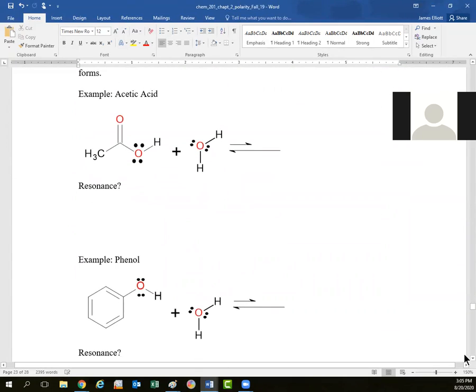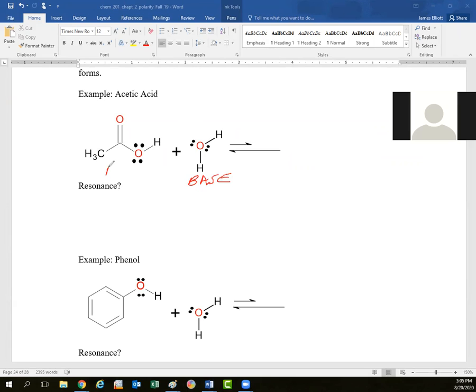Another quick example of that proton transfer. First one, this is acetic acid. Let's see, use red again. And so it's good at giving away protons because it's an acid. Water is amphiprotic, it can act as an acid or a base. In this case, acting as a base because it's going to pick up a proton from this acid using a lone pair. That lone pair picks up the hydrogen.